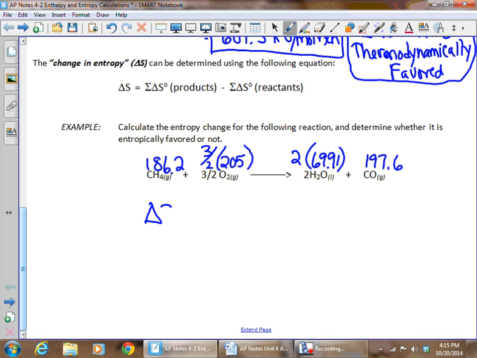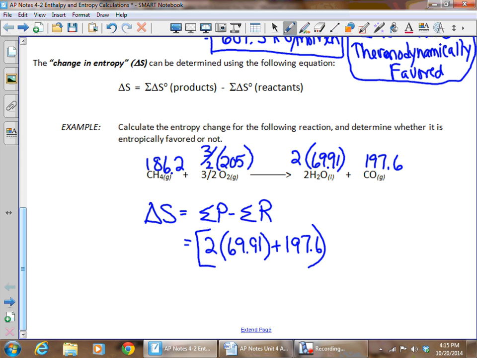So getting our value for delta S, we're going to take products minus reactants again. So we're going to have our 2 times our 69.91 plus our 197.6. Again, I should put those more in brackets. And now we're going to subtract the quantity, 186.2 plus 3/2 times our 205.